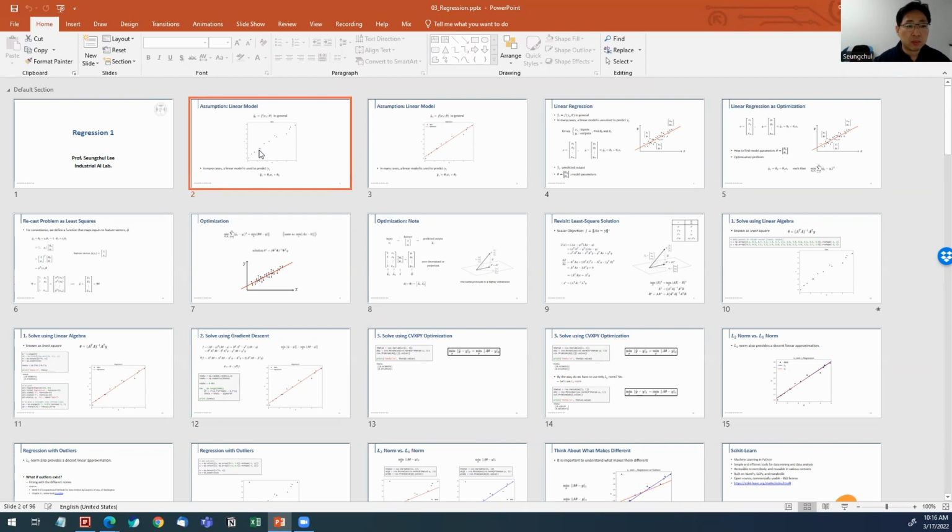Remember that for regressions, the data points that we are supposed to have need to include input and outputs at the same time. Those are paired data sets, and we need multiple of them. In the example I use, I have 13 data points; you can have 100 or 1,000 or a million data points.